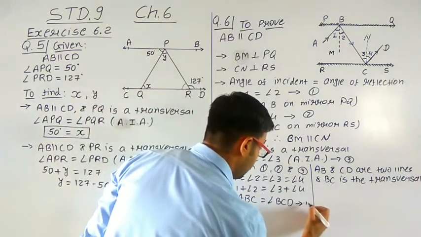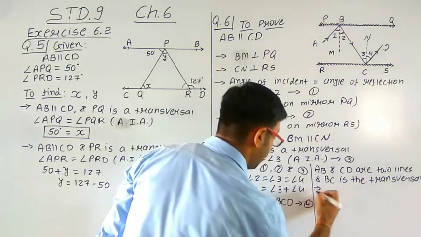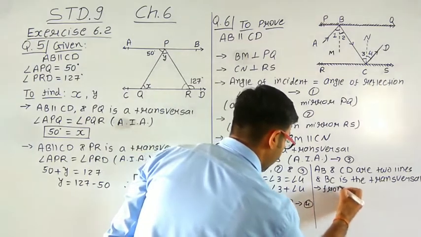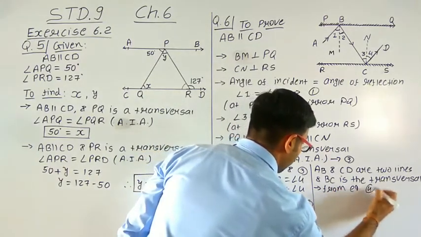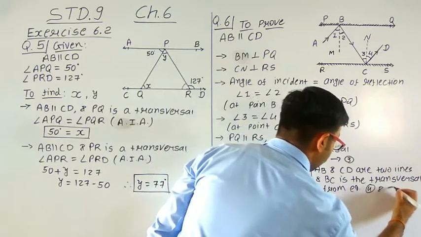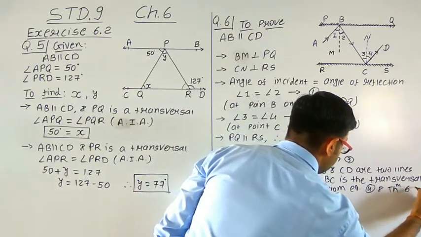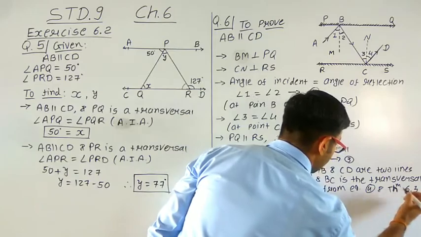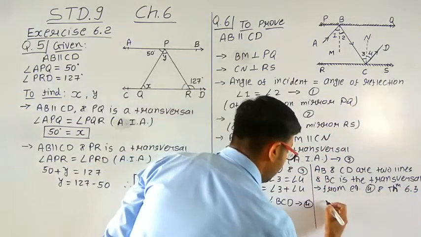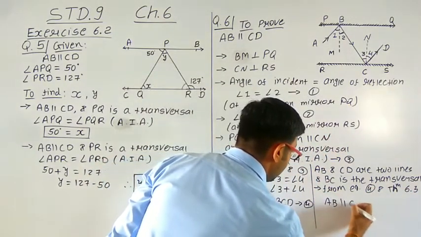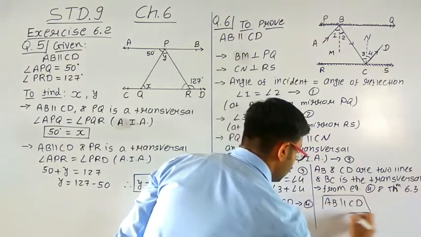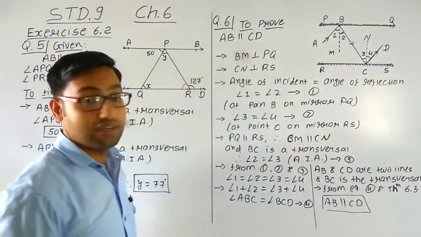Give it equation number 4. From equation number 4 and theorem 6.3, we can write that AB is parallel to CD.